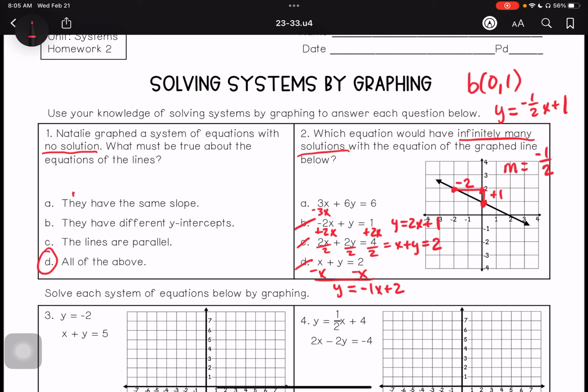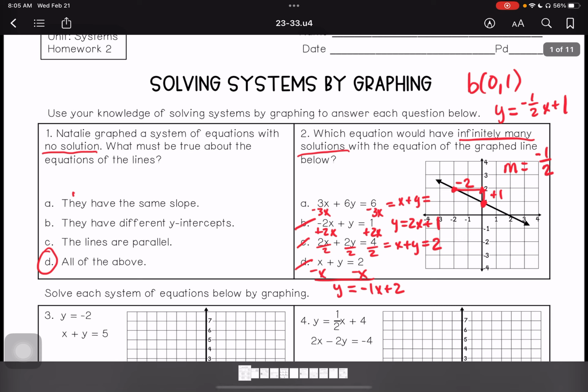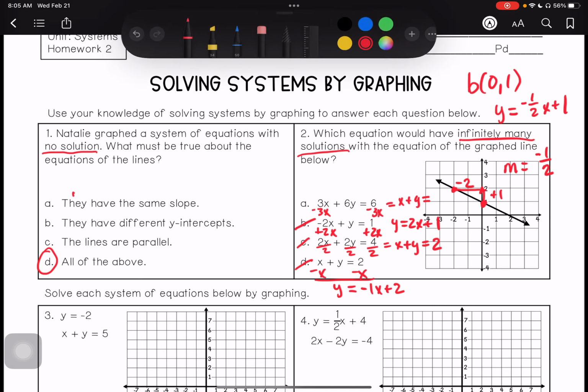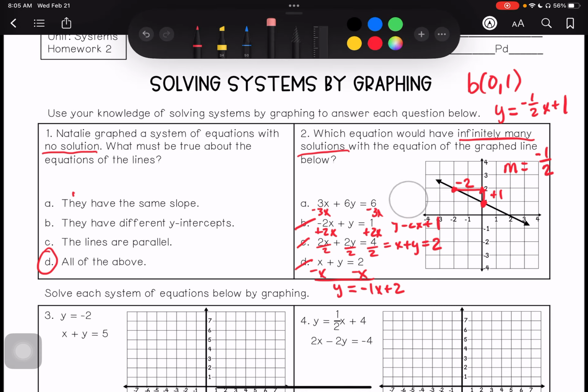Here, if I subtract 3x from each side, I'm left with x plus y equals, let me back up.